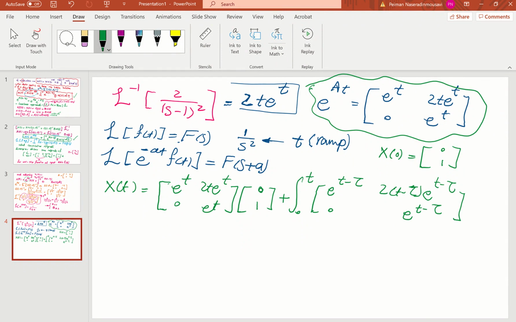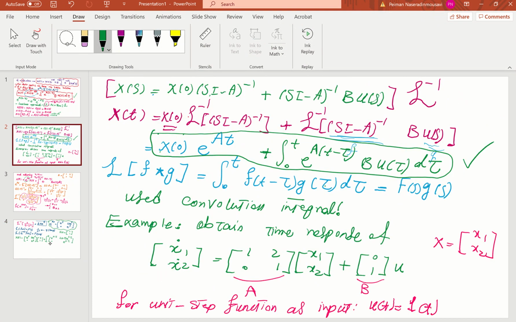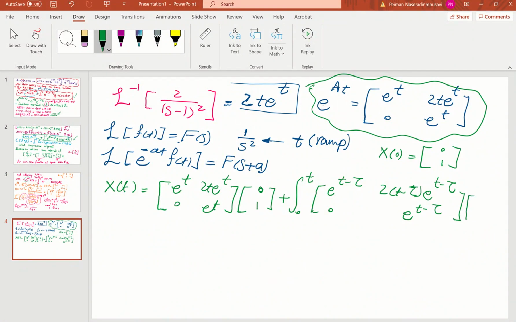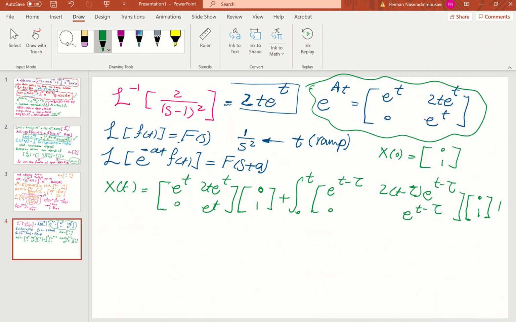Your b is 0 and 1, and your u is a step function. This is undergraduate control: if this is a step function, u of s is 1. Remember, the Laplace of the step function is 1. So times 1 d tau.